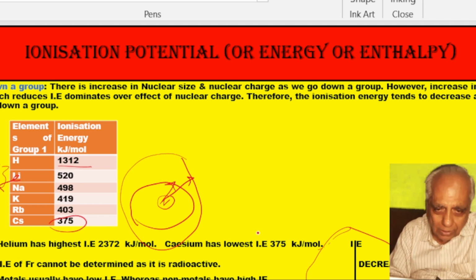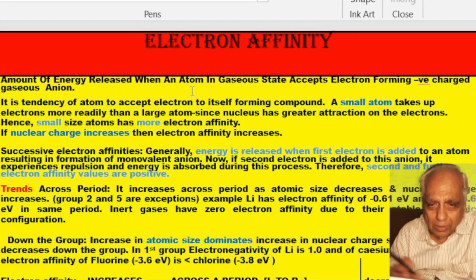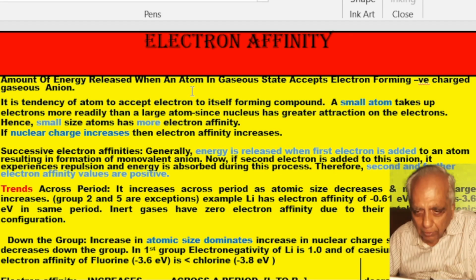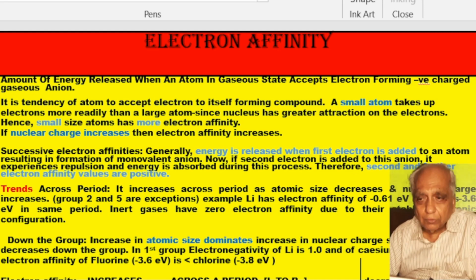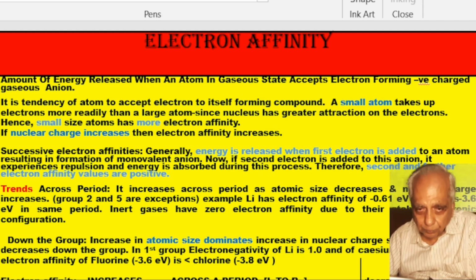Is it okay? Now we'll go to the next parameter, electron affinity. I have explained what electron affinity is. Electron affinity means the amount of energy released when an atom in the gaseous state accepts an electron. When a neutral atom accepts an electron, it forms an anion, with negative charge. In ionization, we learned that when an electron is removed, it becomes a cation, with positive charge.